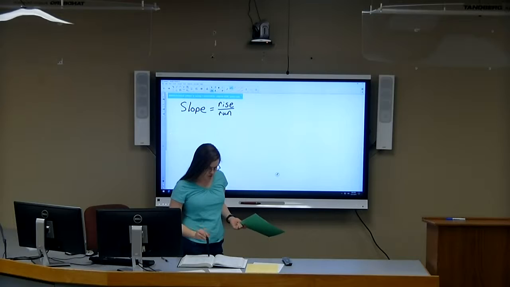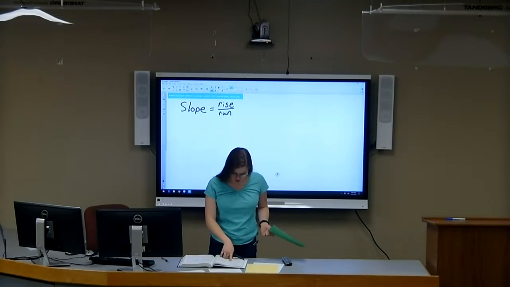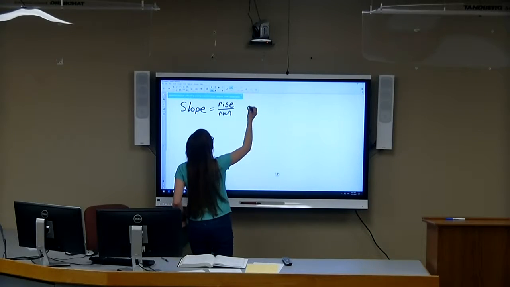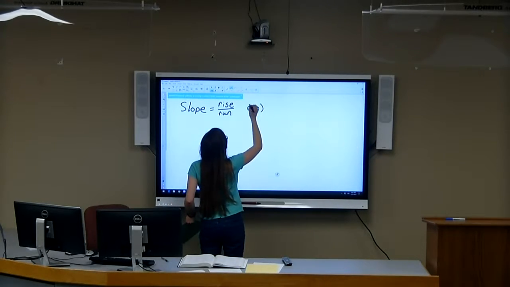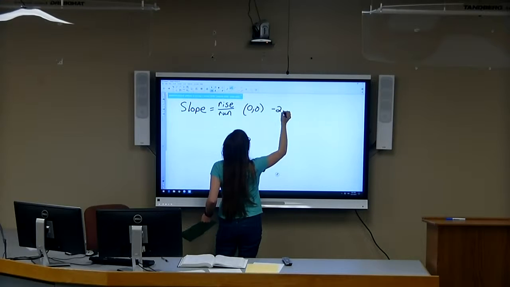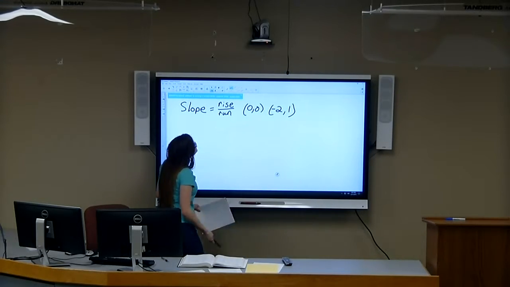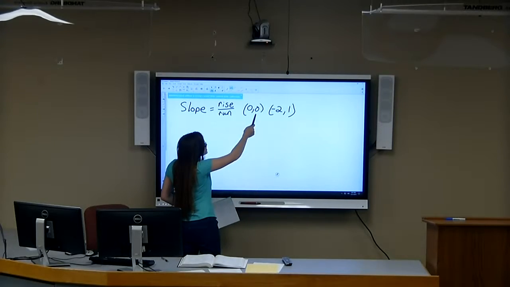If you have 2 points on the graph, let's say on number 14, you have (0, 0) and (-2, 1).